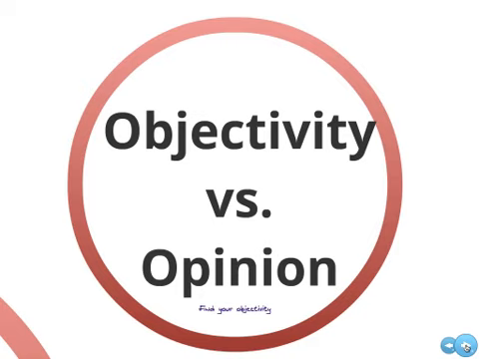Let's talk about objectivity versus opinion, because this is very important in news report writing. Your readers are not interested in your opinion, so keep yourself out of the report. News reports are not editorials. Editorials are found in a specific section of a newspaper. You are not writing an editorial, you are writing a news report which only reports the facts.